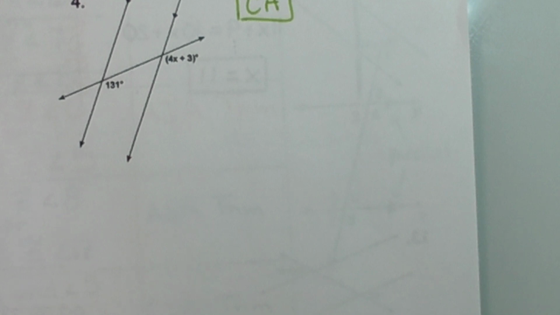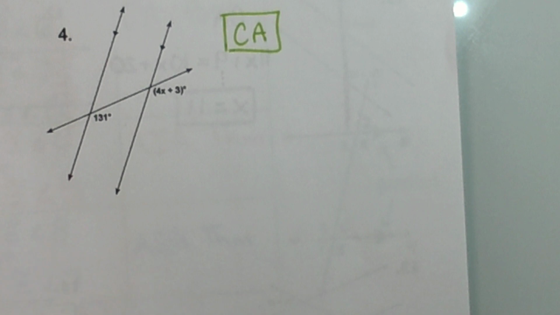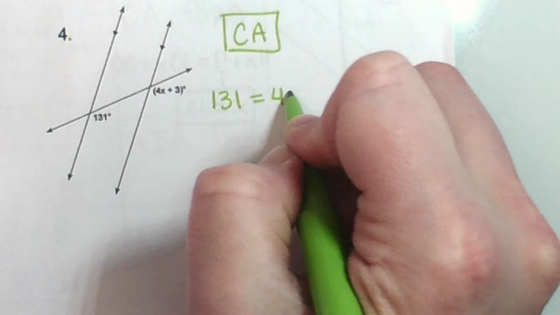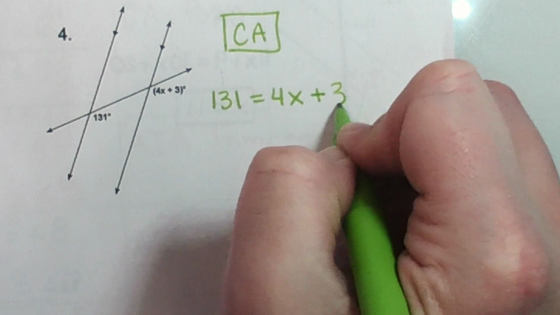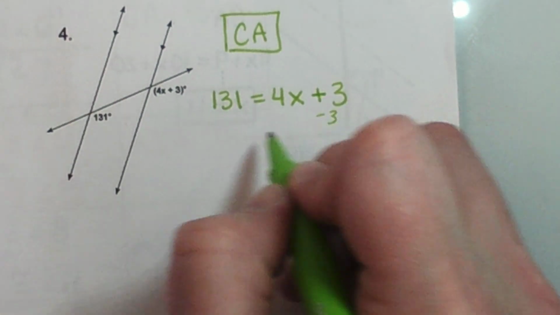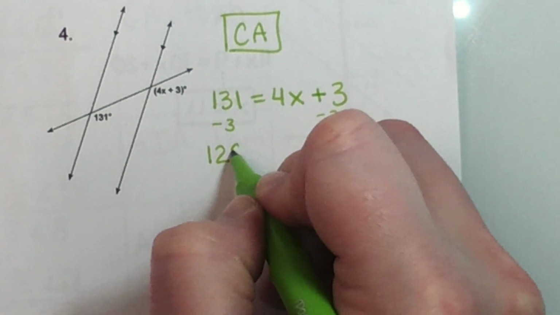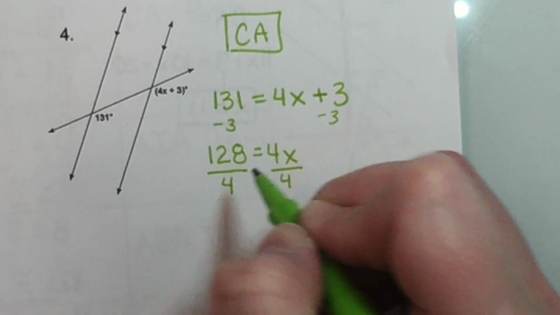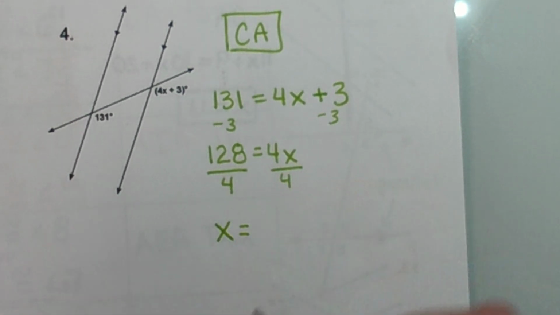Trevor, if they are corresponding angles, they equal each other. So 131 equals 4x minus 3, or plus 3. 128 equals 4x, divide by 4. X is equal to 32.